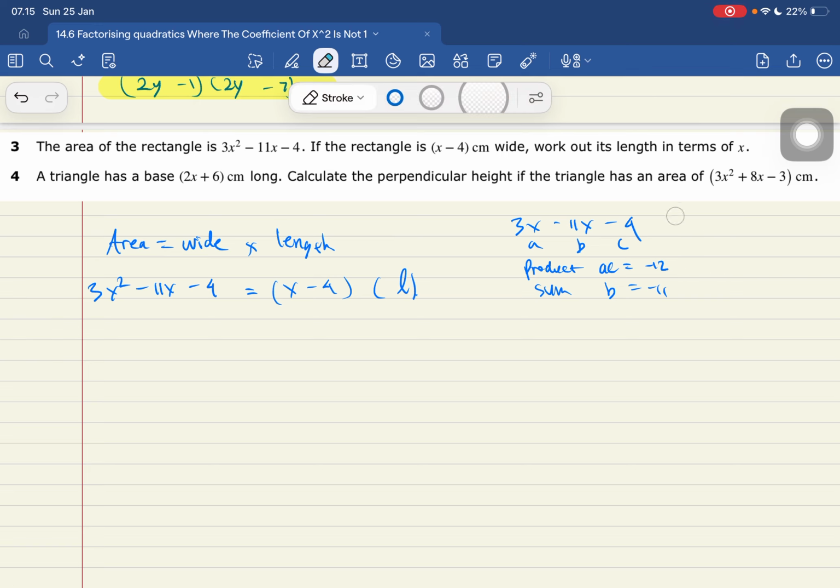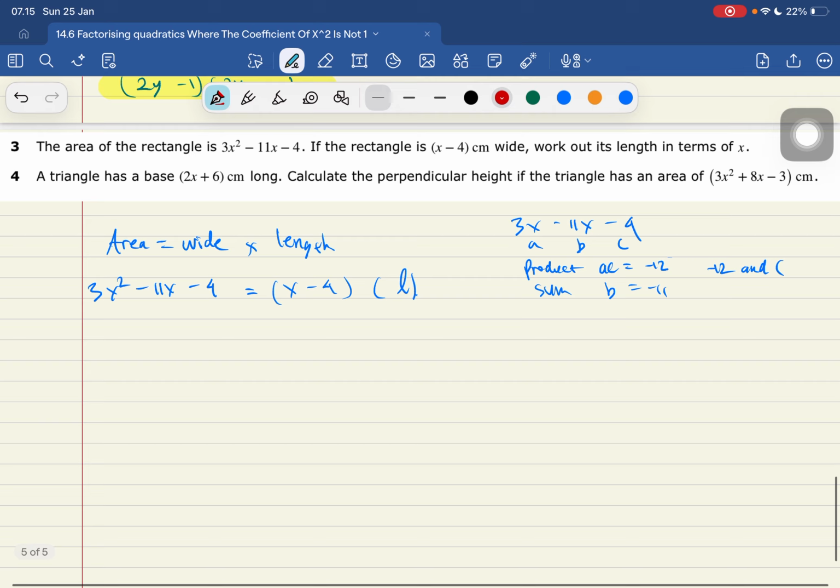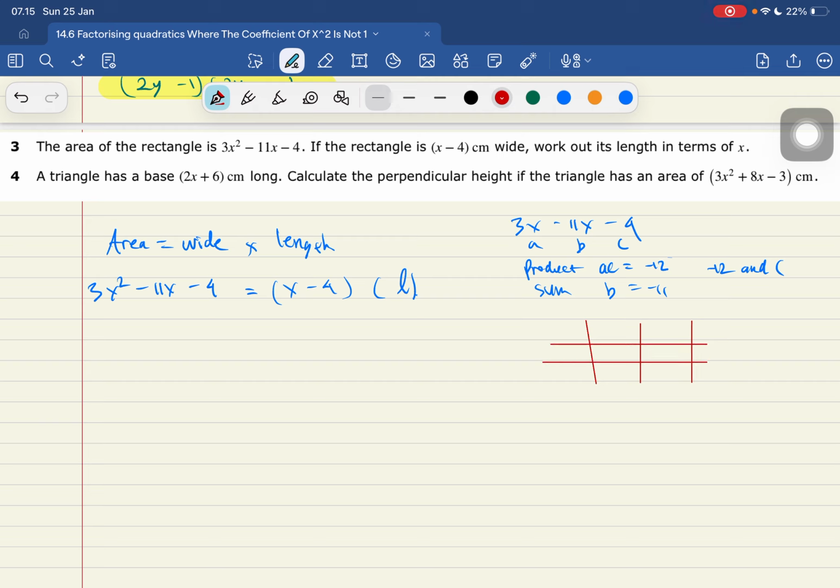So minus 12 and 1. We'll write it into the table. Here the x squared and minus 4.